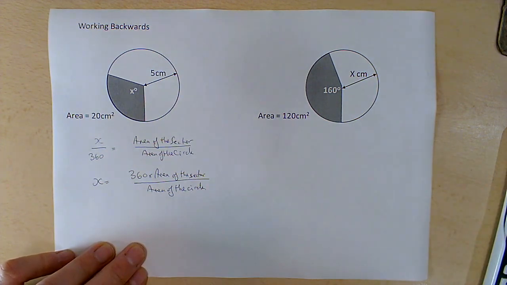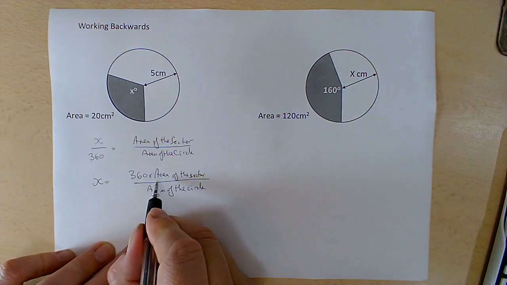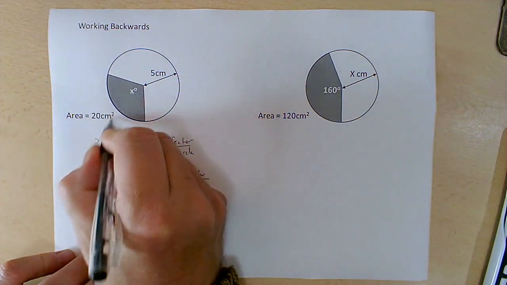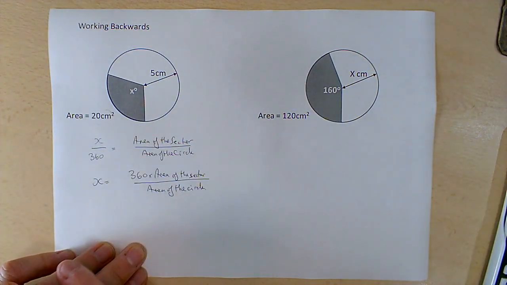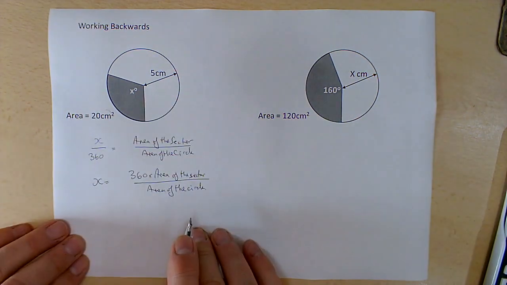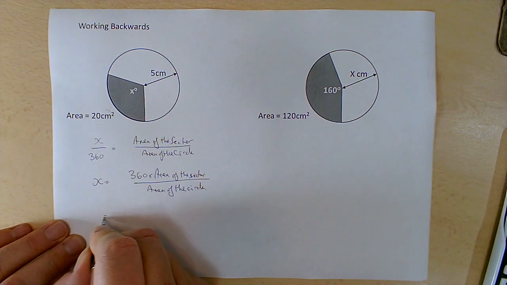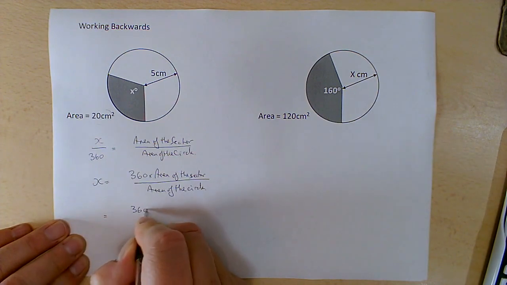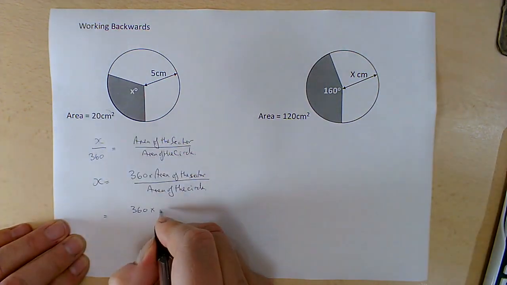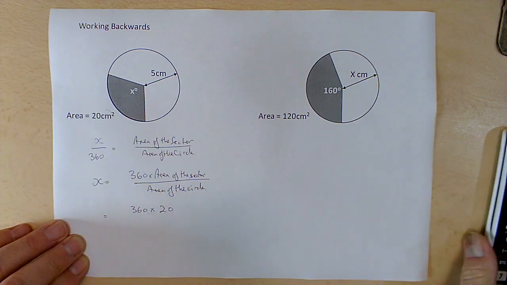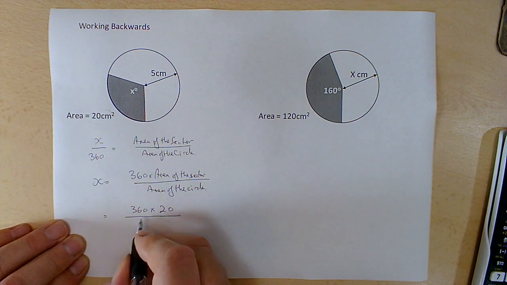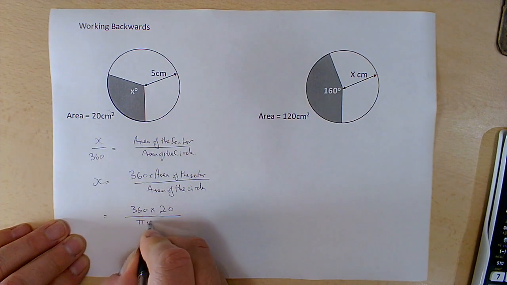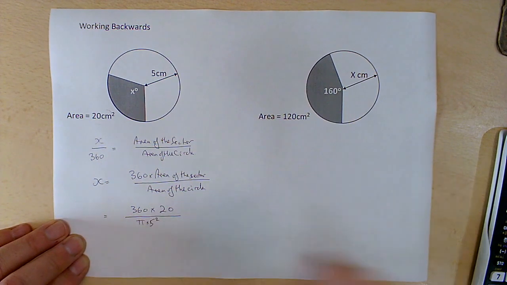So all we're doing now is saying we've got the area of the sector because we've been told that. We know the area of a circle because it's pi r squared, which is pi times 5 squared. So that means we can work out what the angle is. So this equals 360 times 20, because that's the area of the sector. And on the bottom of our fraction, we're going to have the area of the circle, which is pi times 5 squared.